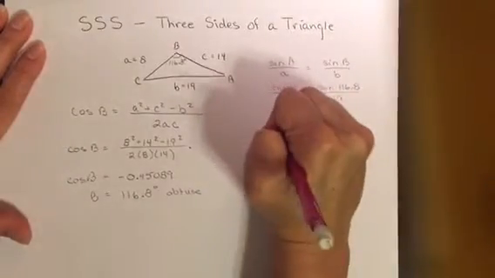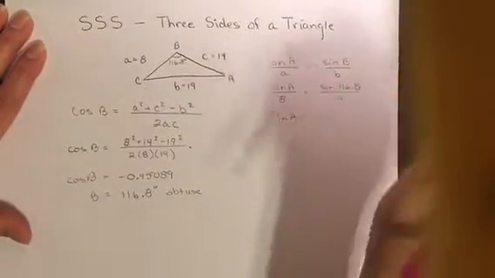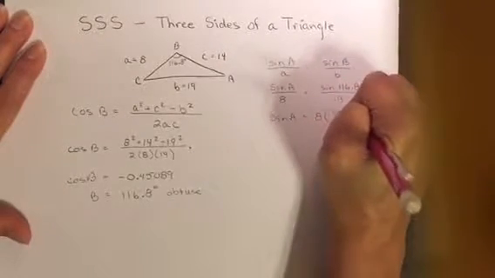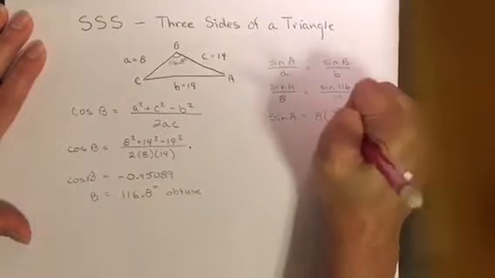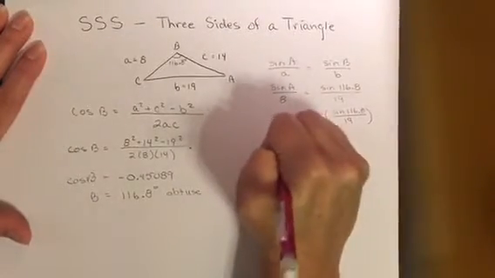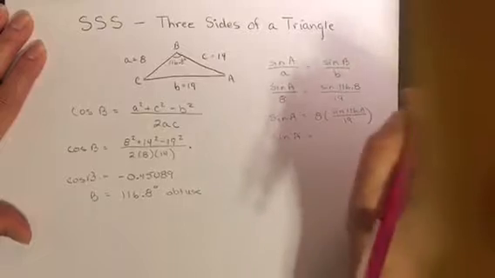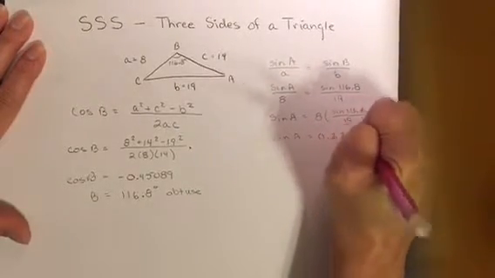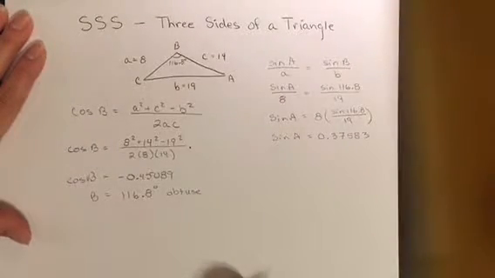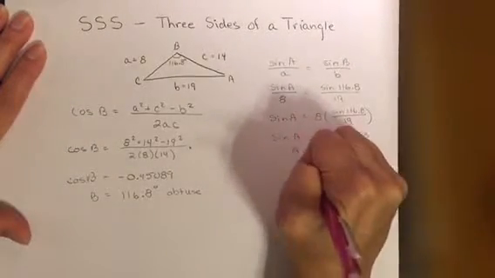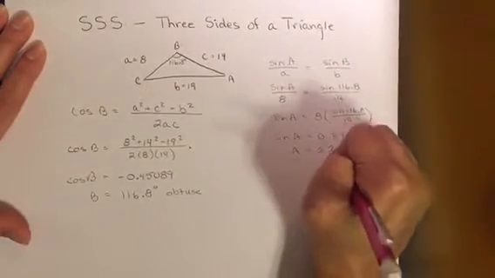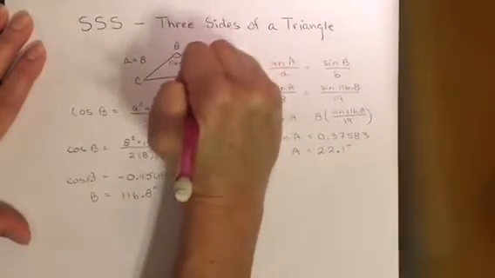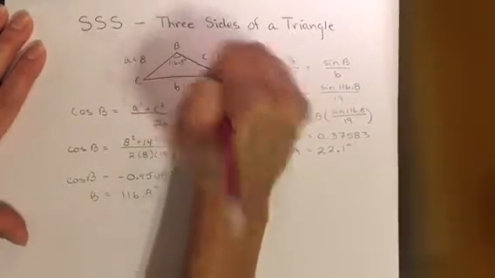So that's going to end up being sine A equals 8 times sine 116.8 over 19. And then when I plug it into the calculator, I get A equals 22.1 degrees. So A is 22.1 degrees.